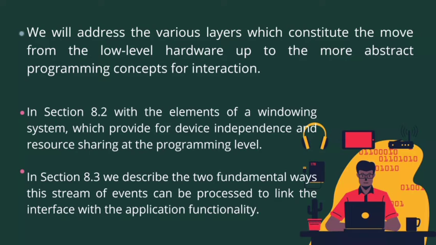In Section 8.3, we will describe the two fundamental ways this stream of events can be processed to link the interface with the application functionality. Here, we will talk about the two paradigms for interactive programming.